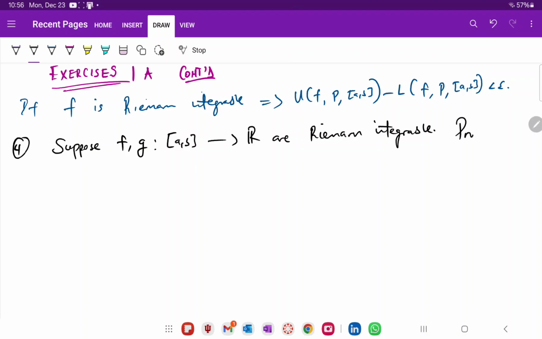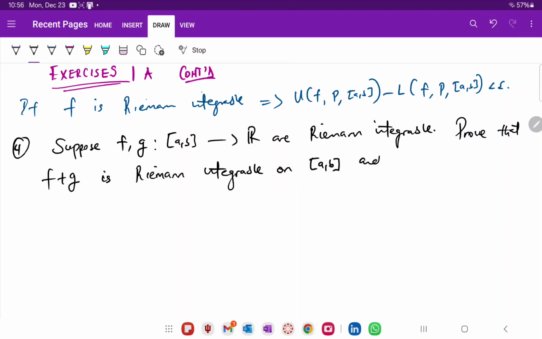We want to prove that the addition of those functions is also Riemann integrable on a, b, and then the linearity of the function also holds.